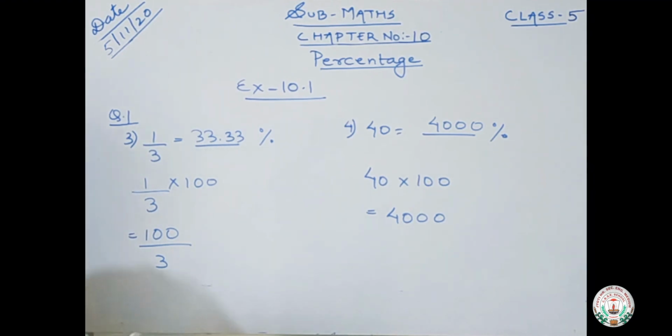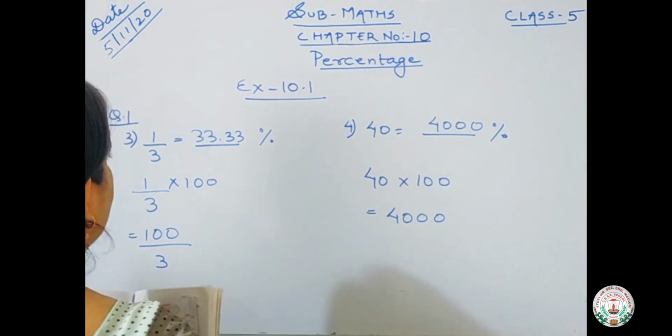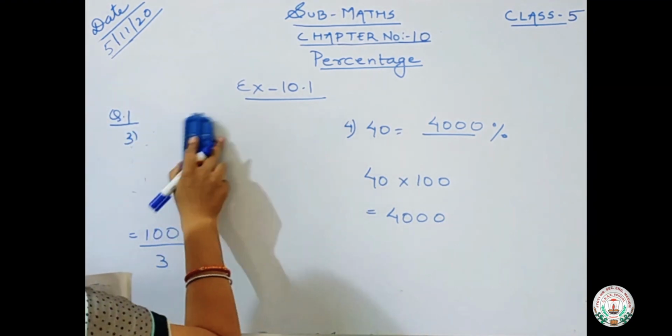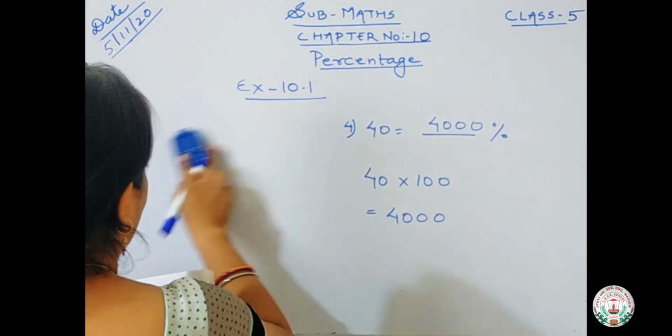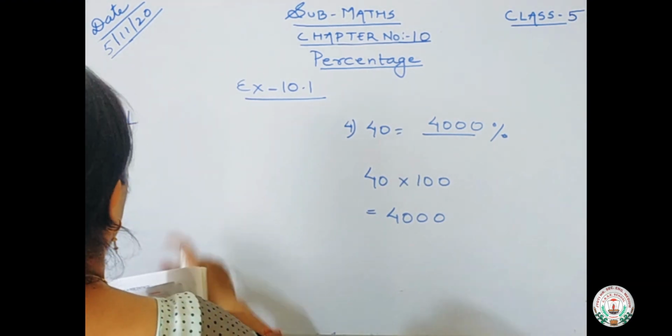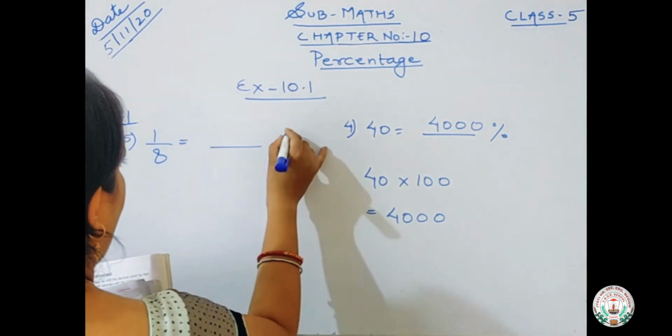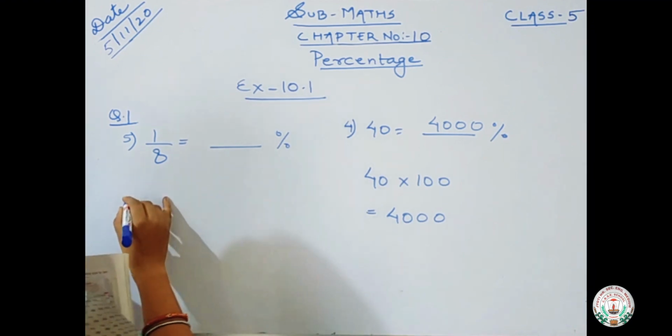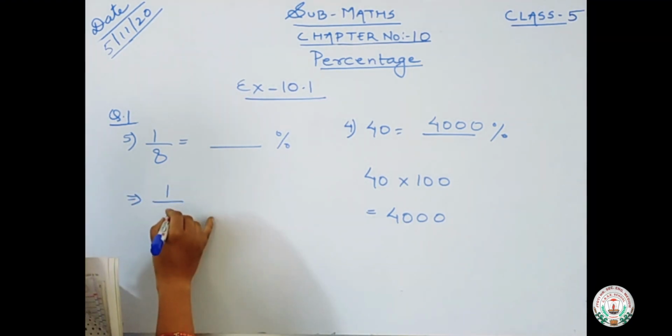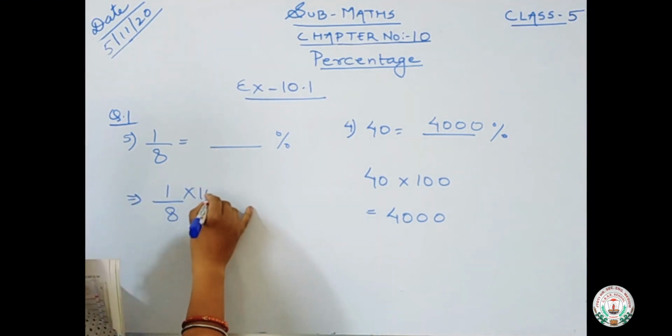Next is number 5. 1 by 8 is equals to dash percent. Here 1 by 8 into 100.